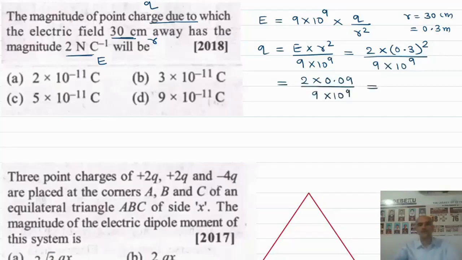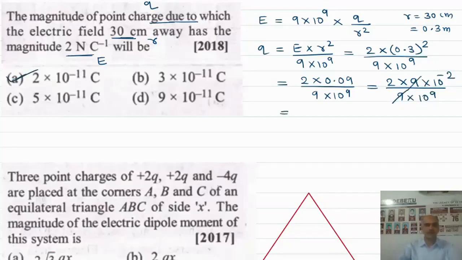Now here, I guarantee the answer will have 2, 9 cancels. So you can directly write it, or if you want one more step, 2 into 9 into 10 raised to minus 2, 0.09 I have written as 9 into 10 raised to minus 2 divided by 9 into 10 raised to 9. So 9 gets cancelled, 2 remains. Directly you can take A as the answer.